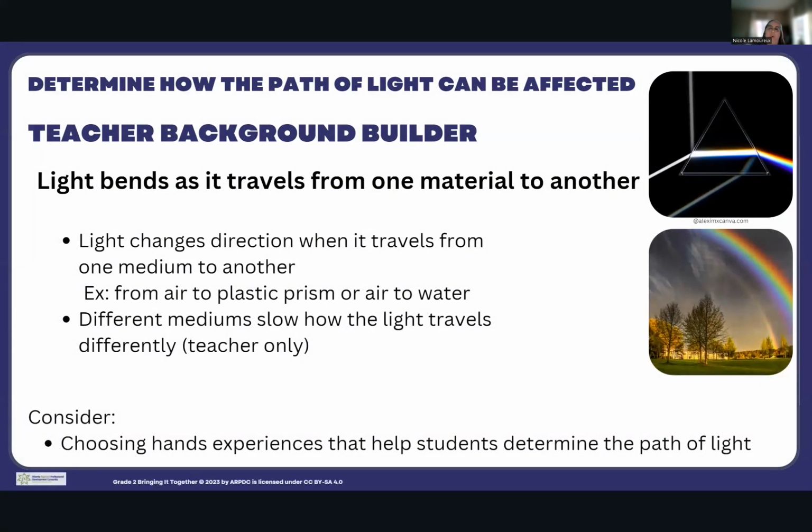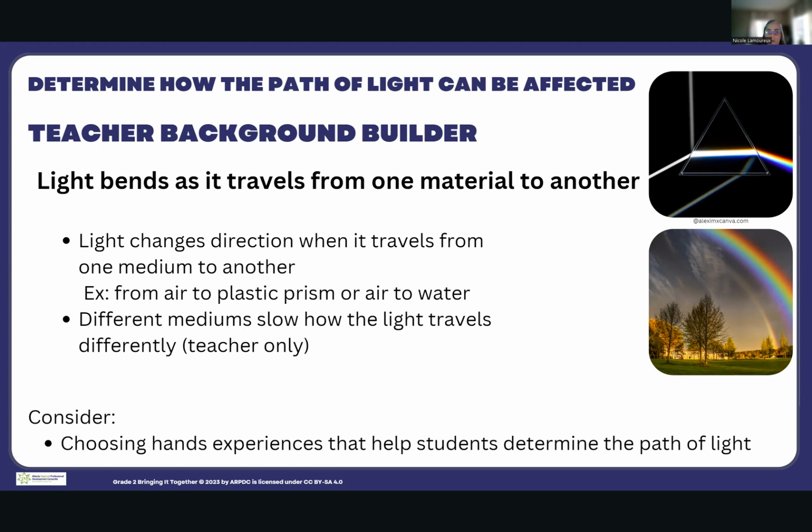So now we're going to move towards determine how the path of light can be affected as it bends from one material to another. So when light enters the air, it slows. When it goes through other materials such as water and plastic, like the prism, it slows even more, and it turns and it changes direction.